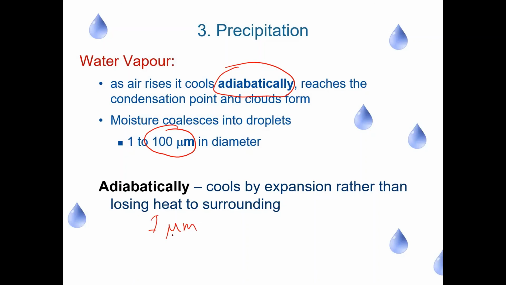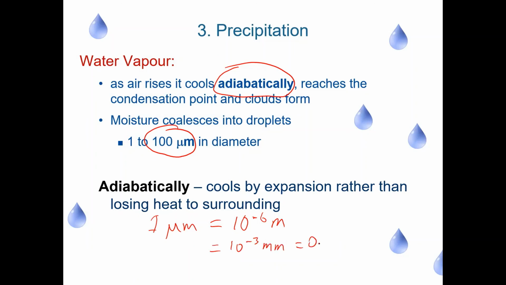A mu that starts with an M is a Greek letter, and it's part of our metric system, and it means 1/1,000,000th, right? So 1 micrometer is 10 to the minus 6 meters. It's also 1/1,000th of a millimeter.